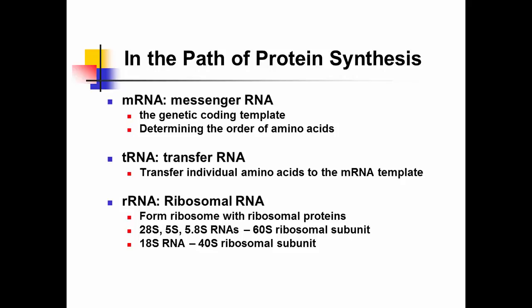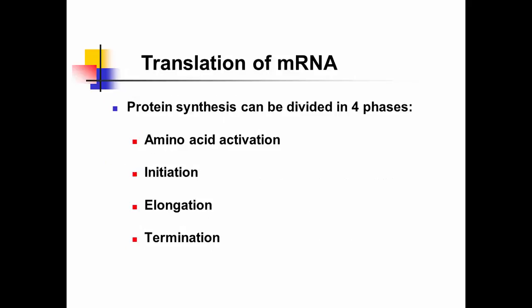And ribosomal RNA usually serves as the platform for translation. There are actually two different ribosome subunits, 60S and 40S, right? You have a big and a small ribosomal subunit, and they form the platform for translation.